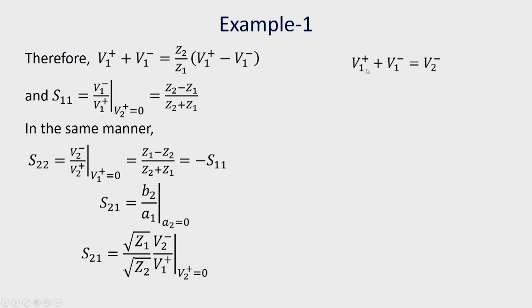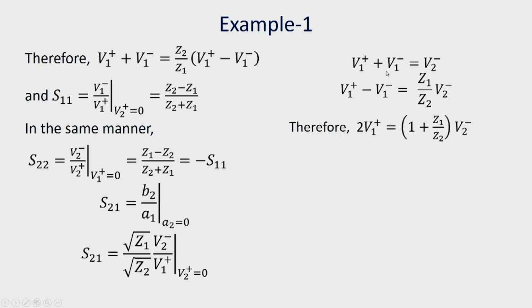So, we have seen that V1 plus plus V1 minus is equal to V2 minus, and from the current relationship we can write 1 by Z1 times (V1 plus minus V1 minus) is equal to V2 minus by Z2, and once we take Z1 to this side, we can write it in this form.